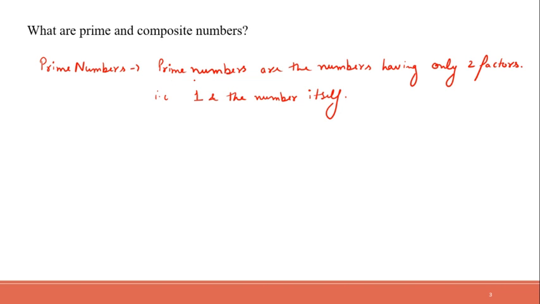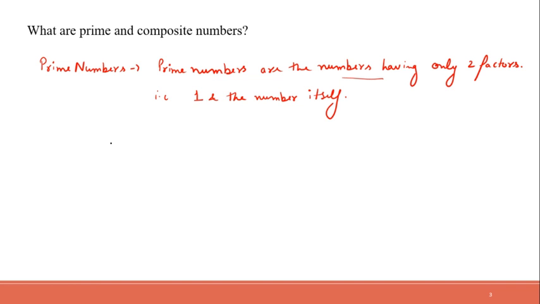Okay, so this is the definition of prime numbers. This definition says that prime numbers are the numbers having only two factors, that is 1 and the number itself.